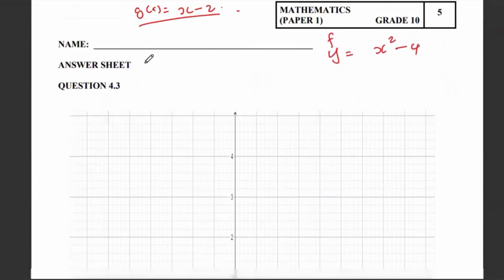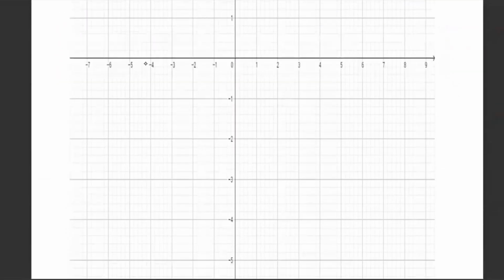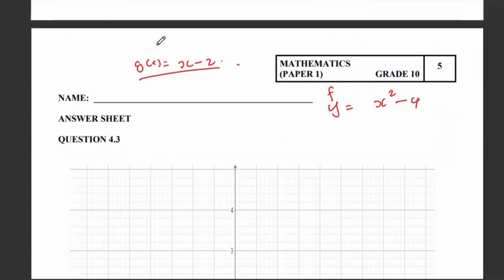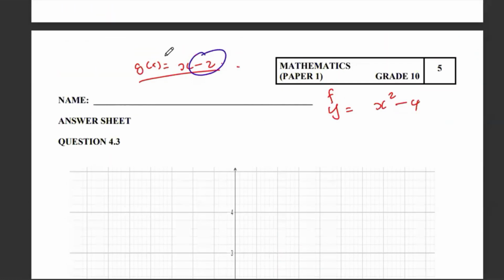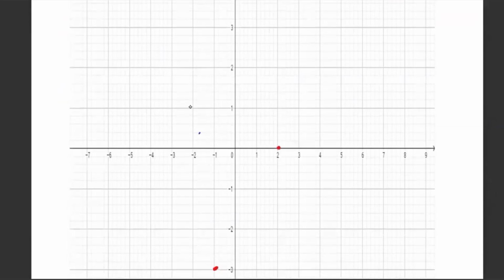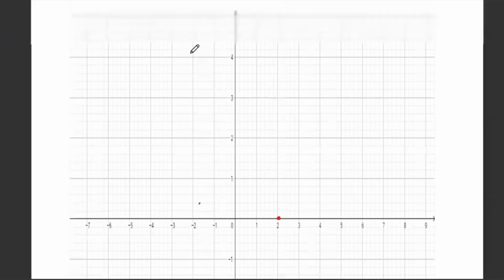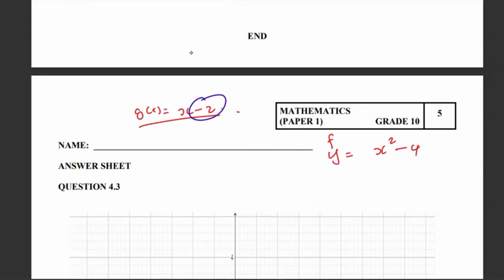They told us the points are meeting at (-1, -3), this point, and then also at (2, 0). So that's not a big deal for me. My point is that I need to draw the line. With this line, the y-intercept is -2, which is this. Let's say I have any other point. If x is 2, y is going to be 0.